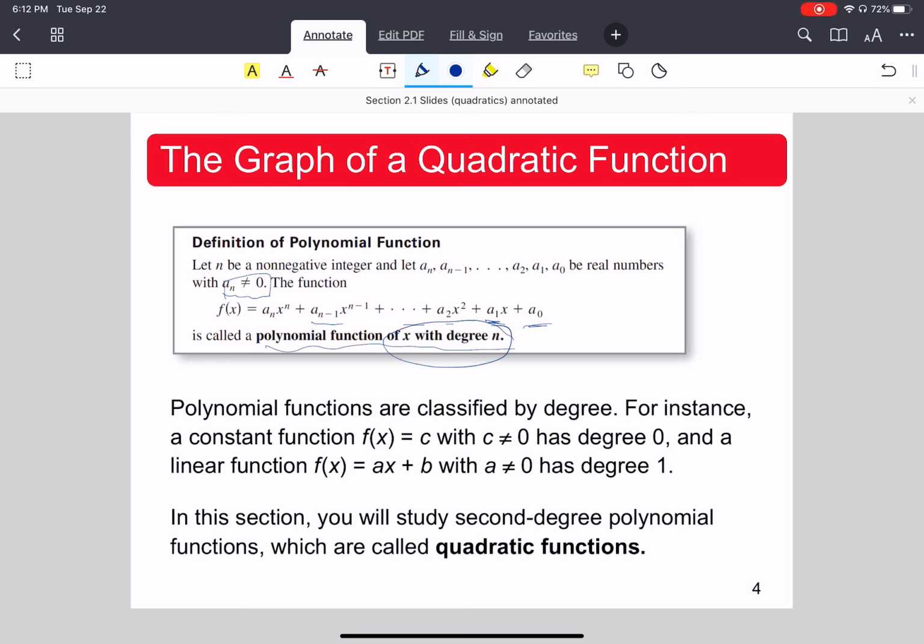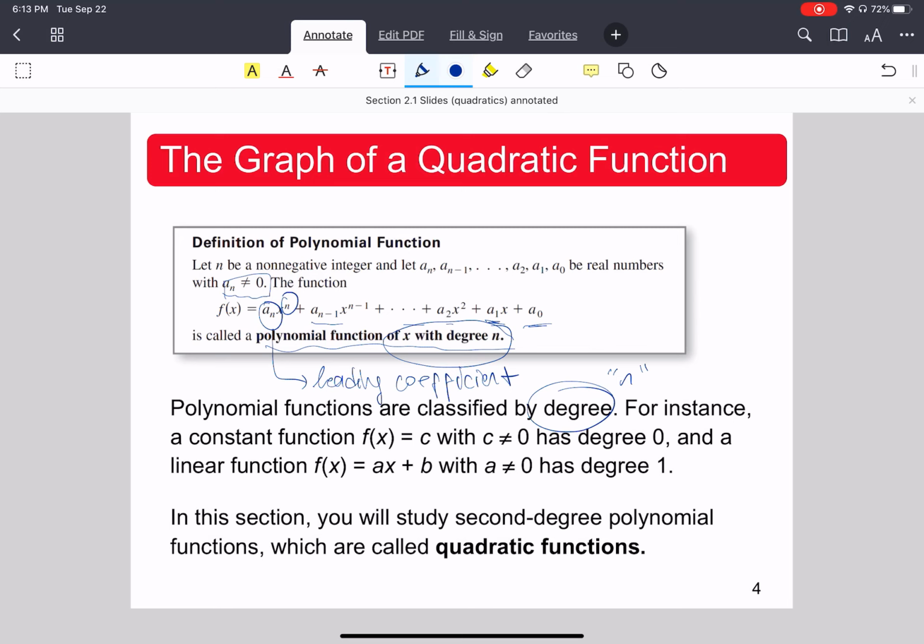You guys realize n is the exponent of the biggest term, and a sub n is what we call the leading coefficient. It's basically the number that we multiply by the x that has the higher n. So we classify functions using the degree, which is the n or the exponent.